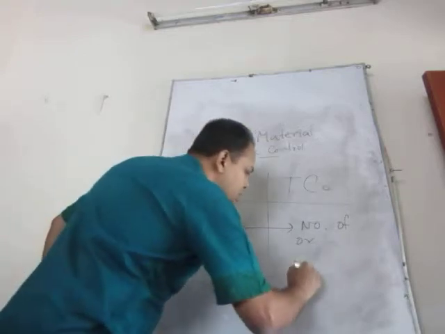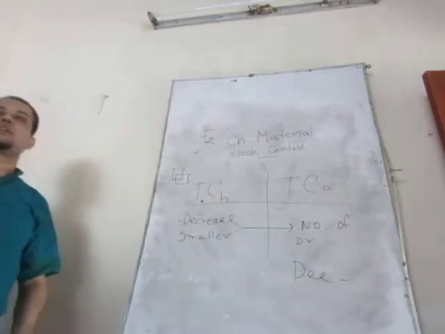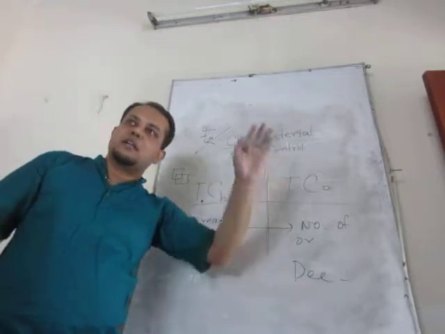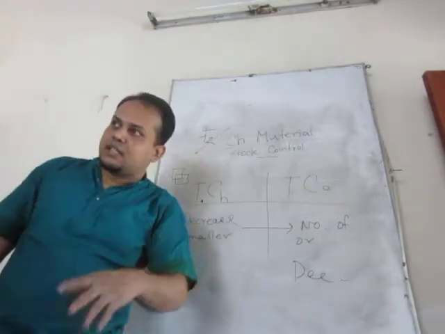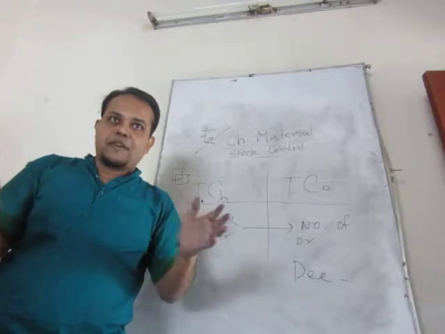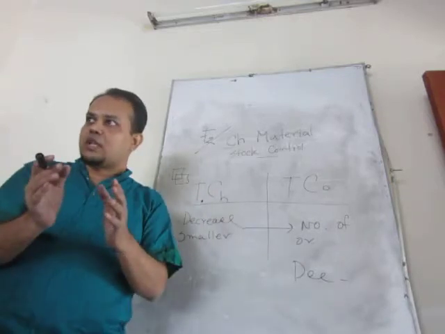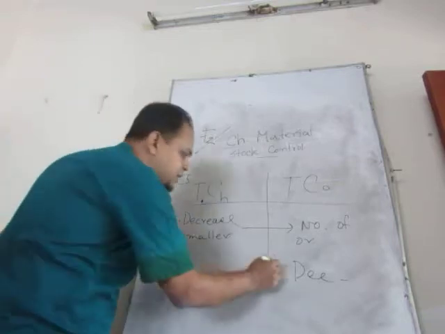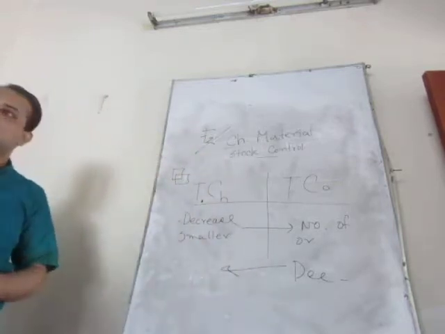Now you want to decrease your total ordering cost. How can you do that? I can decrease my total ordering cost by decreasing the number of order. If I can manage to reduce the number of order, it will obviously reduce the total ordering cost. But it will affect here. How?